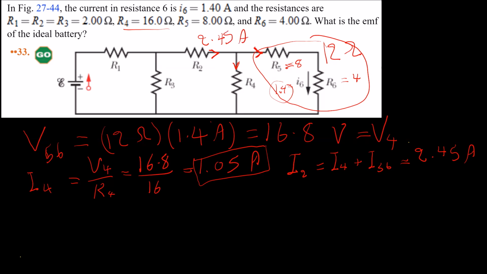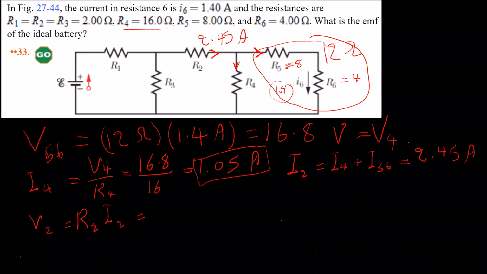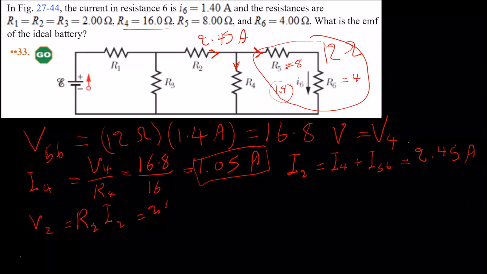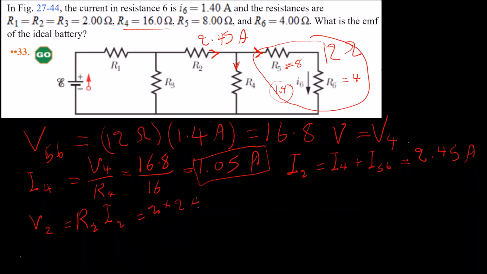And then you can find the potential difference across R2. So V2 equals R2 times I2. How much is V2 now? R2 is 2 ohms and the current is 2.45, so 2 ohms times 2.45.